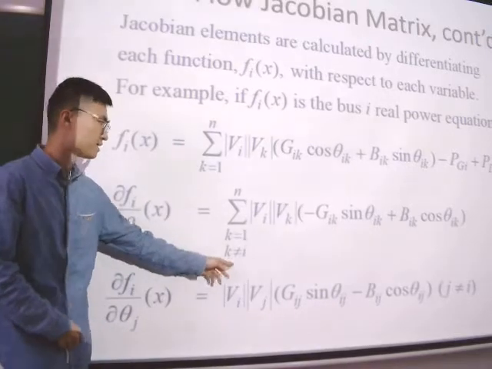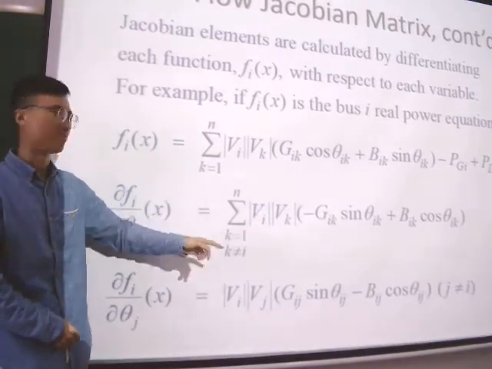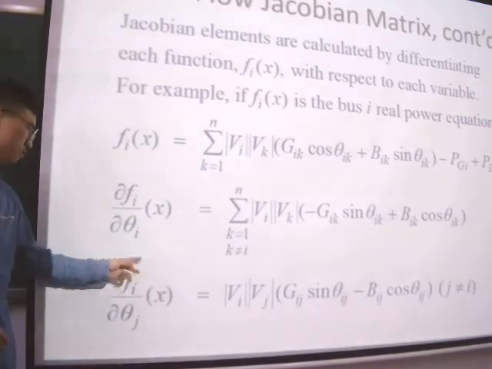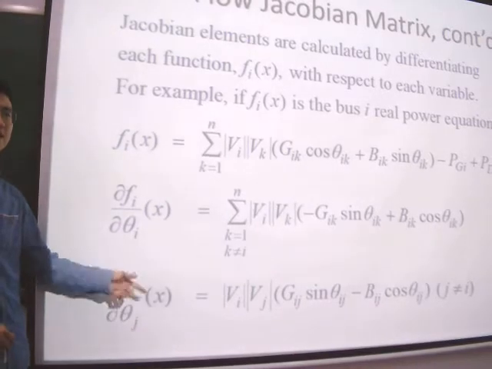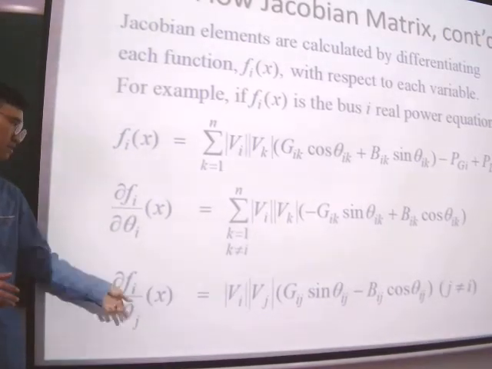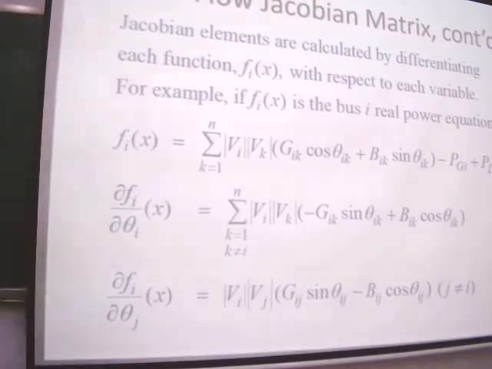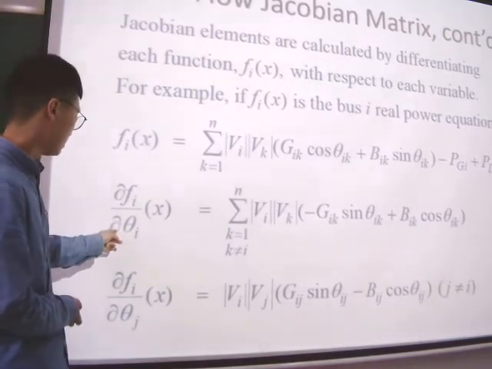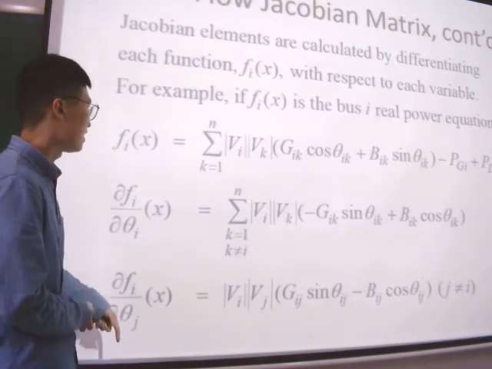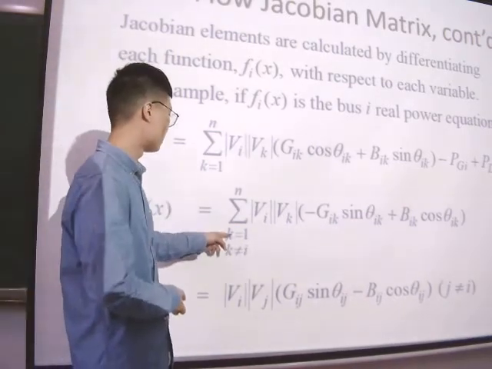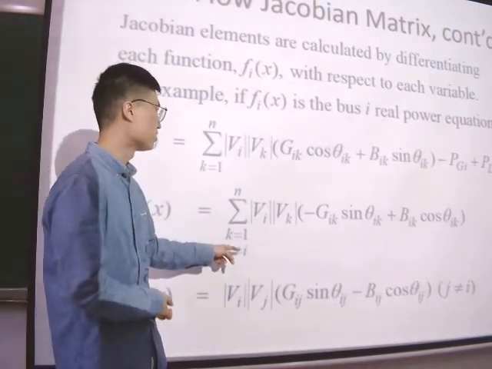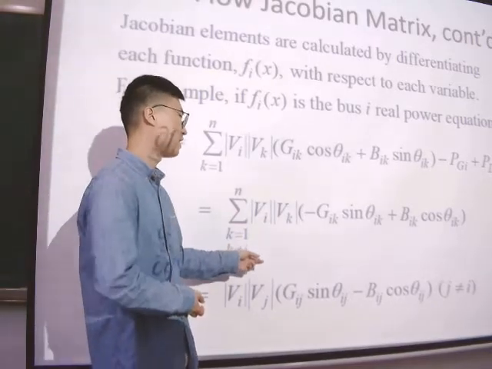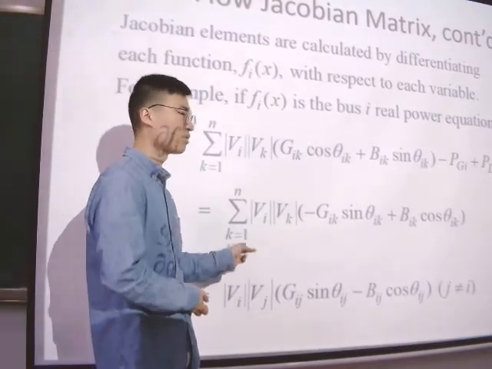Okay, and now j is not i, right? j and i are not the same bus. We can write down like this. In this step for i, the sum over k is from 1 to n, where k is not equal to i.